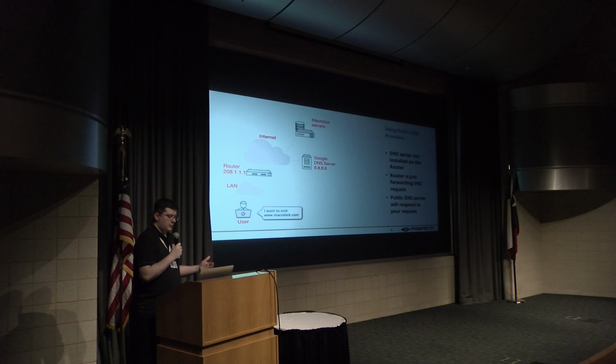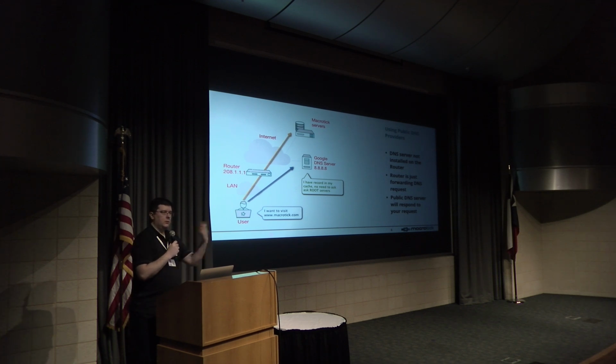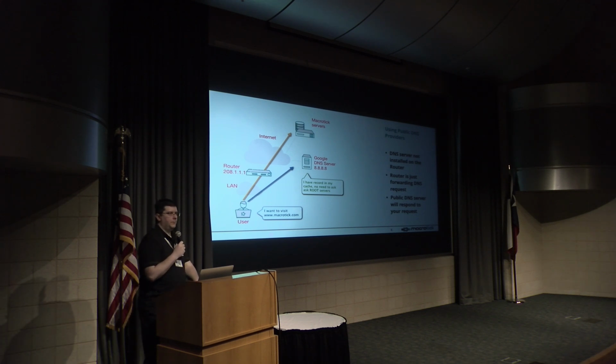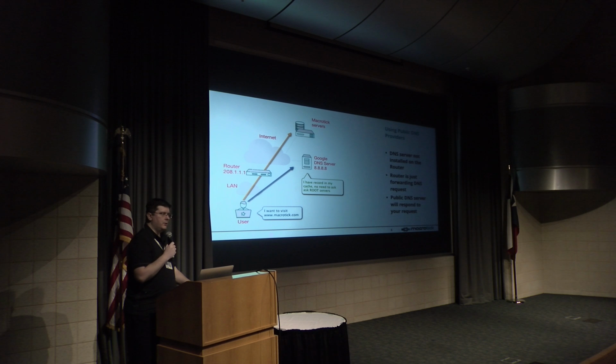So when the client tries to send a request, it will be sent in this case to, let's say, the Google DNS server 8.8.8.8, and then that one, for example, in this scenario has the information locally in the cache, responds back, and the browser will contact the web server. So this is probably what we're all using, the public DNS server, and there is nothing really new about it.